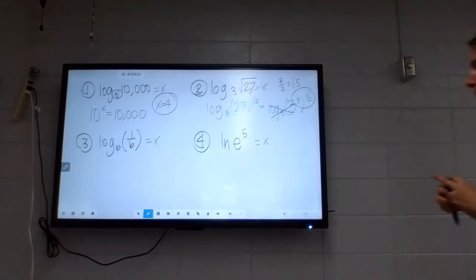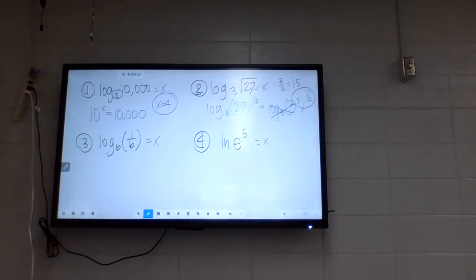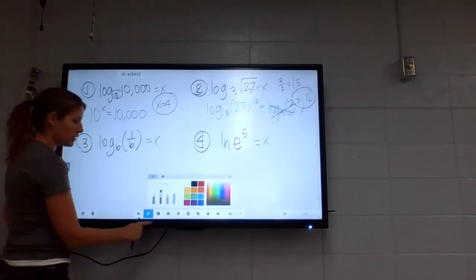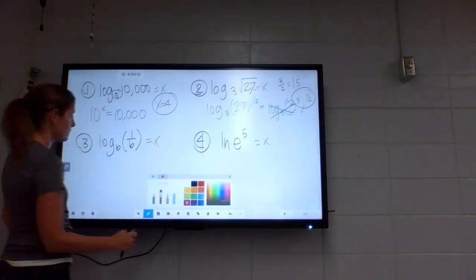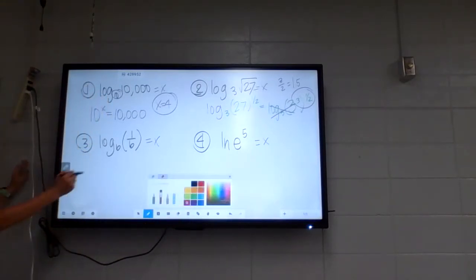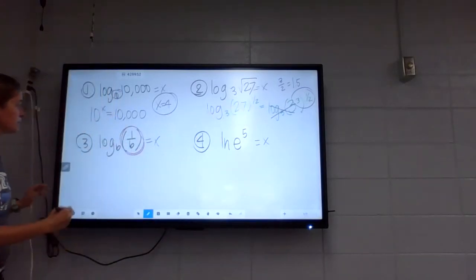Okay. The next one here, log base b of 1 over b. Well, already I can see I have some b's here, except it doesn't really make a ton of sense in the way it's set up. What I picture is I'd like to again rewrite this with the same base.